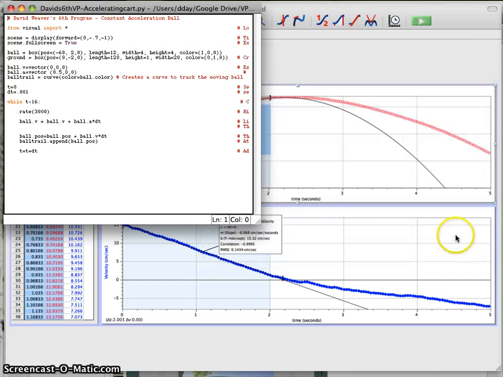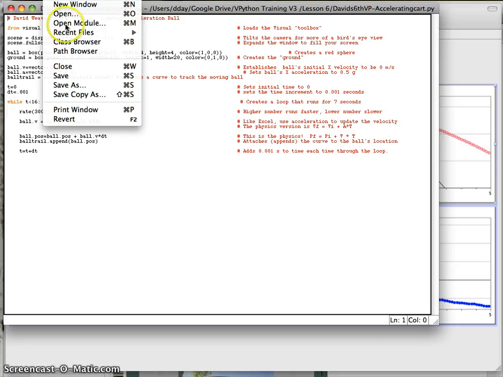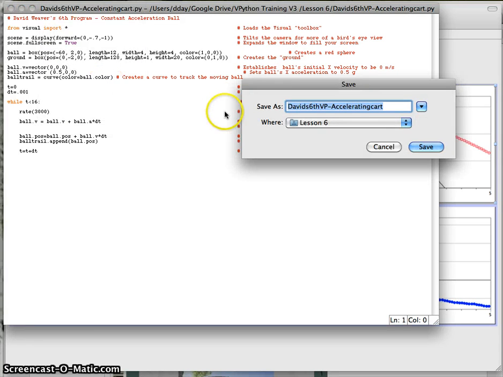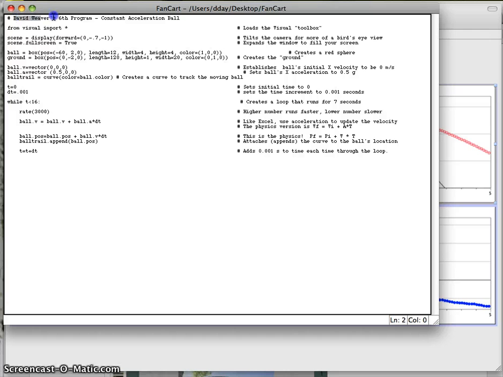Say open. Alright, and the first thing I'll do is save it: file, save as, and I'll save it to the desktop. I'll just call this fan cart, and I'll say Mr. Day.